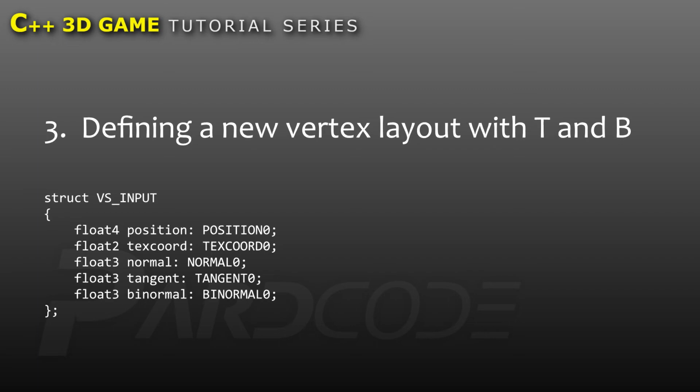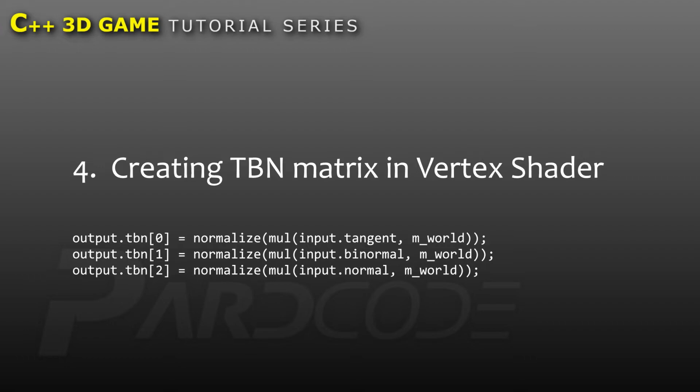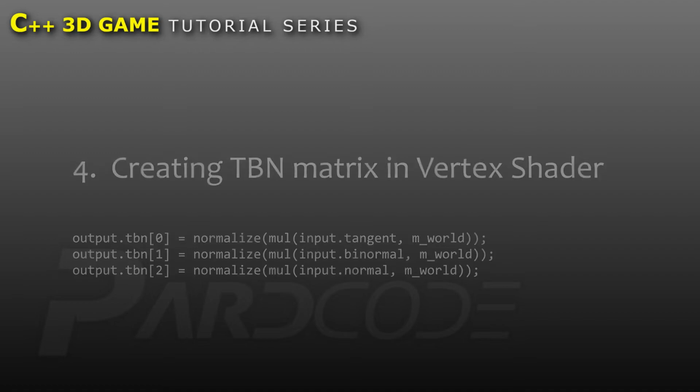Now we have to store those new vectors in our vertex buffer by defining a new vertex layout both in the vertex mesh class and in the input layout object of the vertex buffer. Once we have all the data defined in our buffer, we can retrieve them in our shaders. In the vertex shader, we will get the tangent, binormal, and normal, and we will put them in a 3x3 matrix, that is, the TBN matrix mentioned earlier, taking care to multiply each vector with the world matrix.